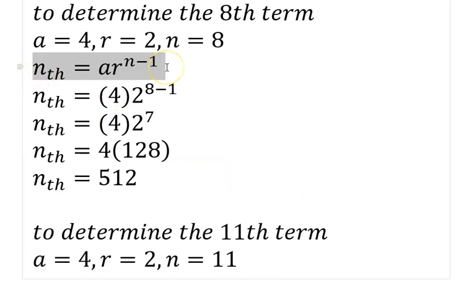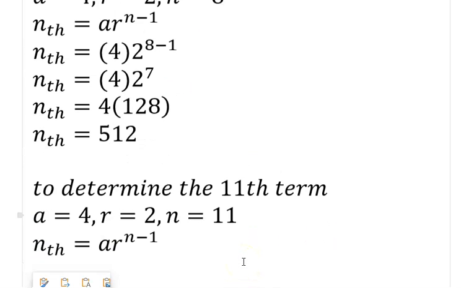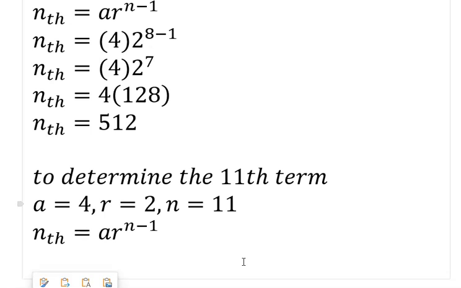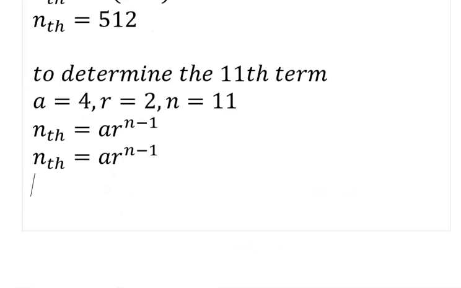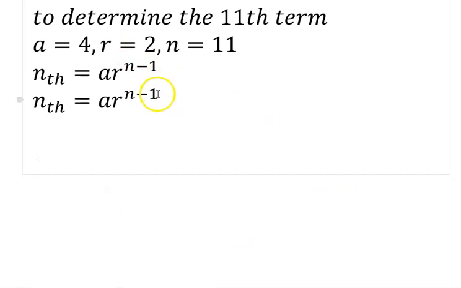So let's come up with our formula. Awesome. Now we know our n to be what? 11. Now our common ratio to be what? 2. We know our first term to be what? 4.